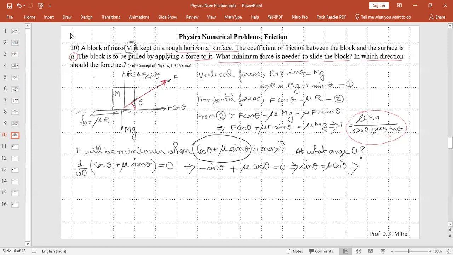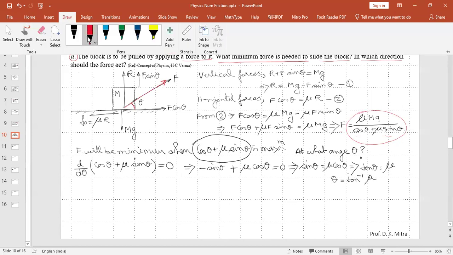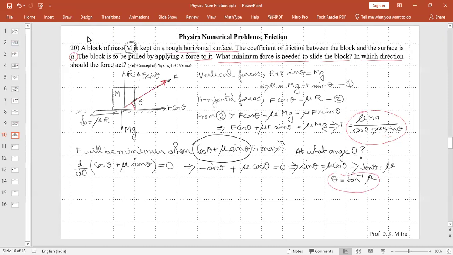If we divide both sides by cos theta, we find tan theta is equal to mu, which makes theta equal to tan inverse mu. This is the angle. At that particular angle, if you apply the force, then the required force will be minimum. The question also asked in which direction: at an angle tan inverse mu with the horizontal.